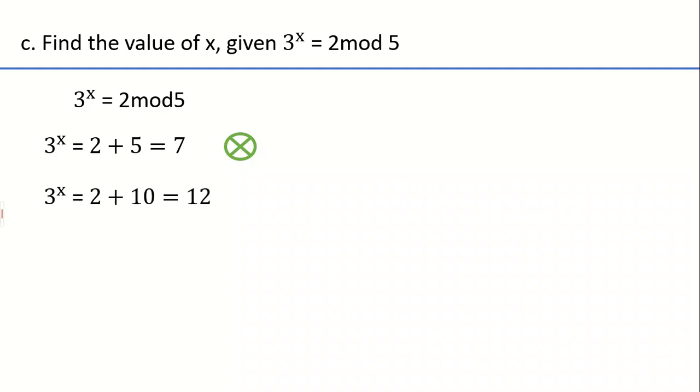Keep on adding 5. When you add 5 to this side again, you have 12. The same thing, 12 cannot work out for us because 12 cannot be subjected to a base of 3. So you can't use that. Again, you add another 5 because 5 is our movement. That will give you 17. And 17 again cannot be subjected to a base of 3.